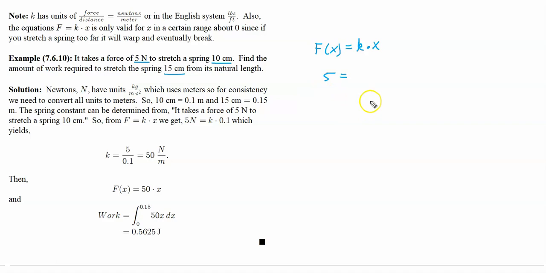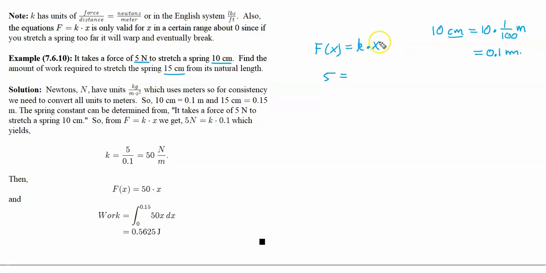A centimeter, just over here quickly, 10 centimeters equals 10 times, now a centimeter is 1/100th of a meter, so we replace that with 1/100th of a meter, and so you see we get 0.1 meters.